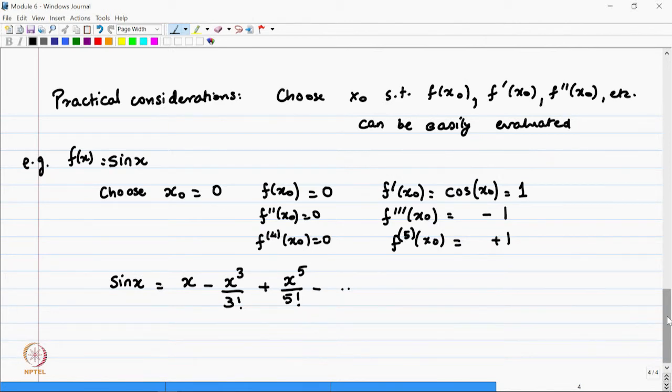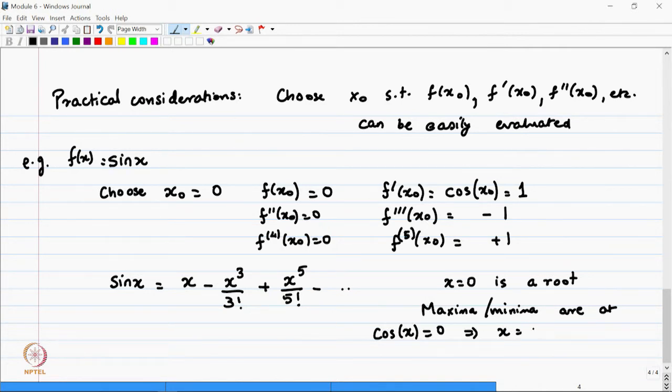You can clearly see that x equal to 0 is a root, and the maxima and minima are at cosine of x equal to 0, which implies x equal to n pi by 2, and you can also see that there are other roots at various multiples of pi, or x equal to n pi.